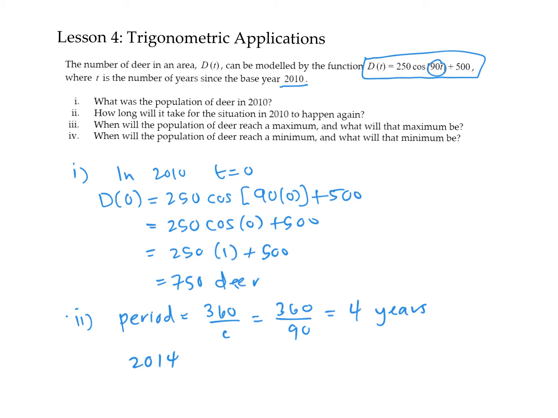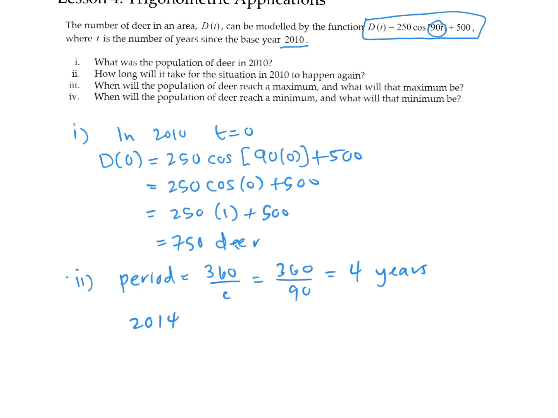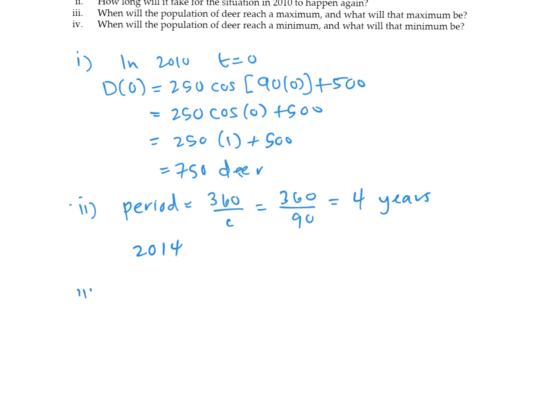3 and 4 says, when will the population reach a maximum, and what will that be, and when will it be a minimum? For that, I might want to just do my critical numbers and mapping notation. It's probably the most efficient. So my mapping notation, the c is 90, so x would be transformed by 1 over 90, and the 250 would get multiplied by the y plus the 500.